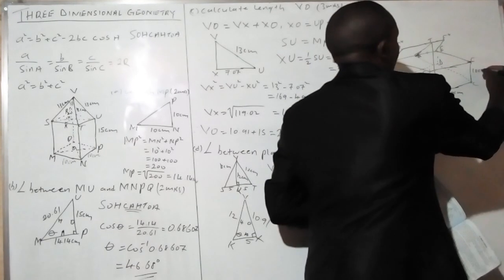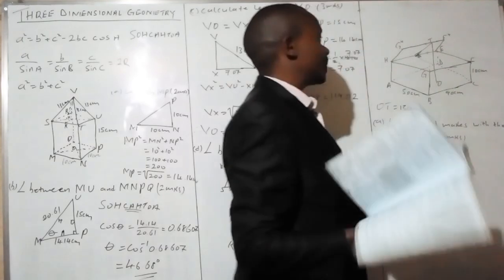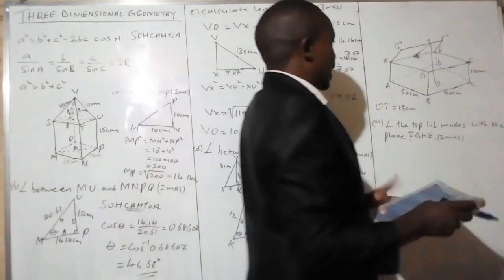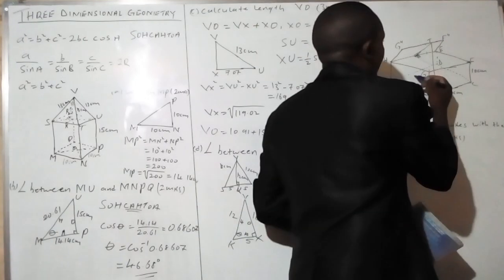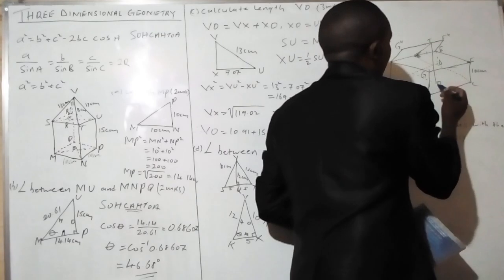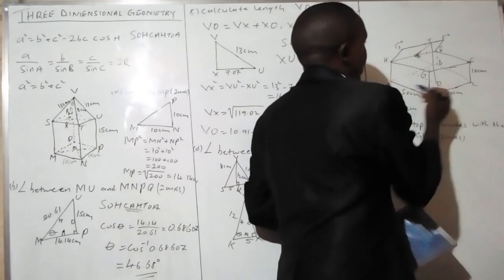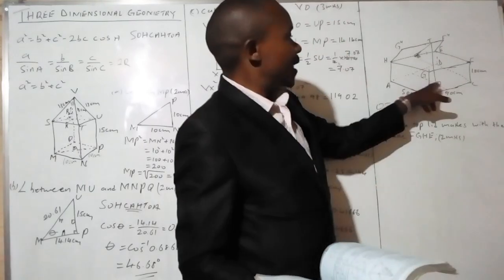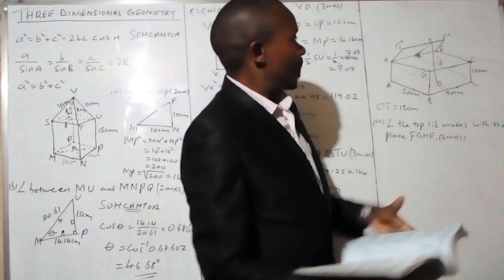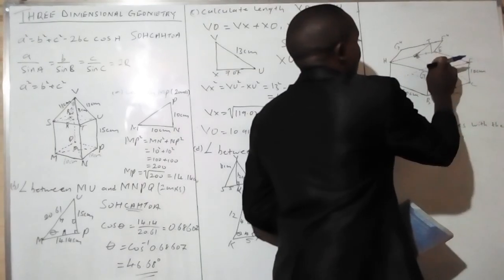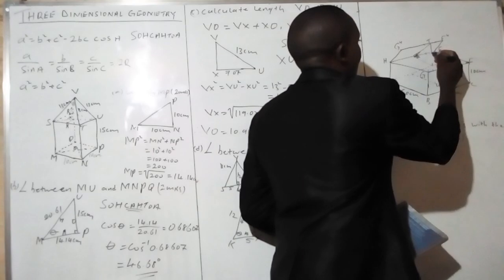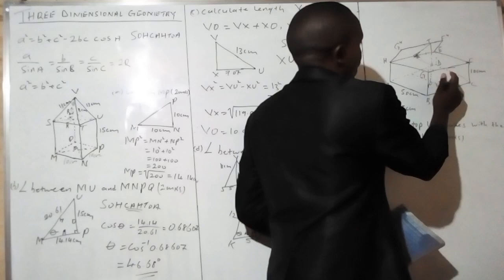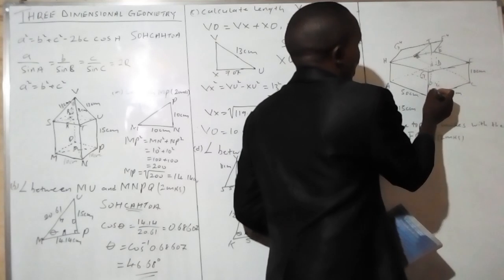O is at the center of this line, so we can have O like N there.